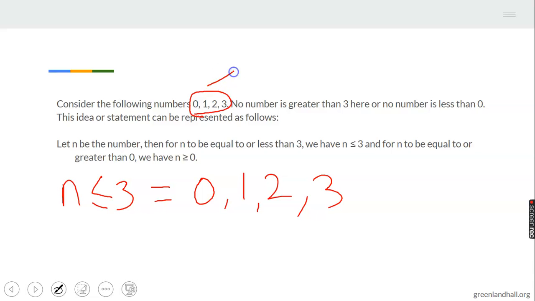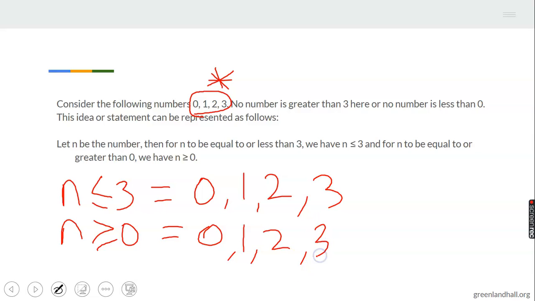We are considering this. Don't forget. Now, we are considering again, n is greater than or equals 0. What is the meaning of that? It's possible it is equal to 0, 1 greater than 0. 1 is greater than 0, 2 is greater than 0, 3 is greater than 0. Don't forget, in respect to what we are looking at is 0, 1, 2, 3.